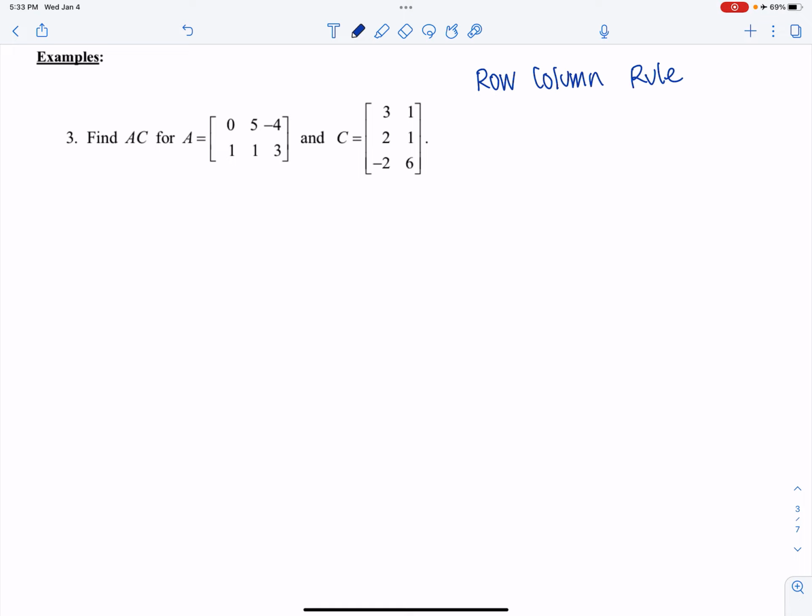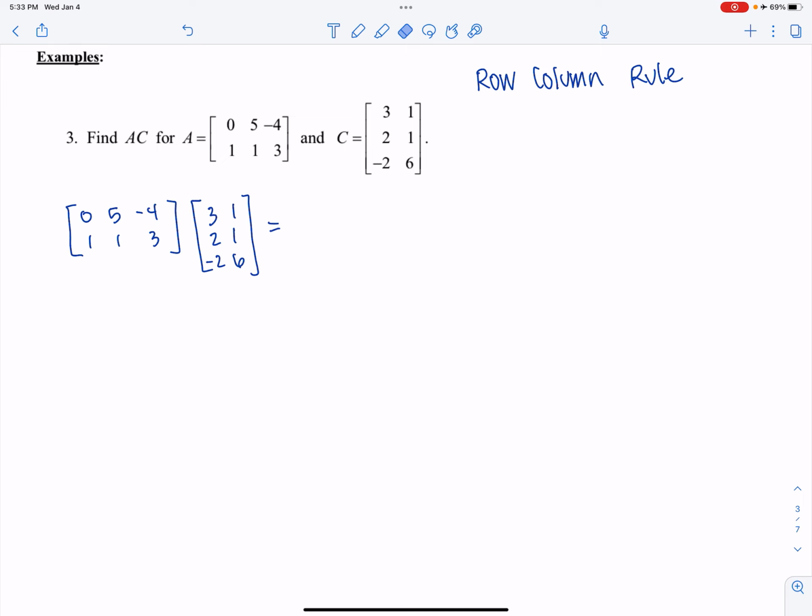So for AC, we're going to have A, 0, 5, negative 4, 1, 1, 3, times C, 3, 1, 2, 1, negative 2, 6.